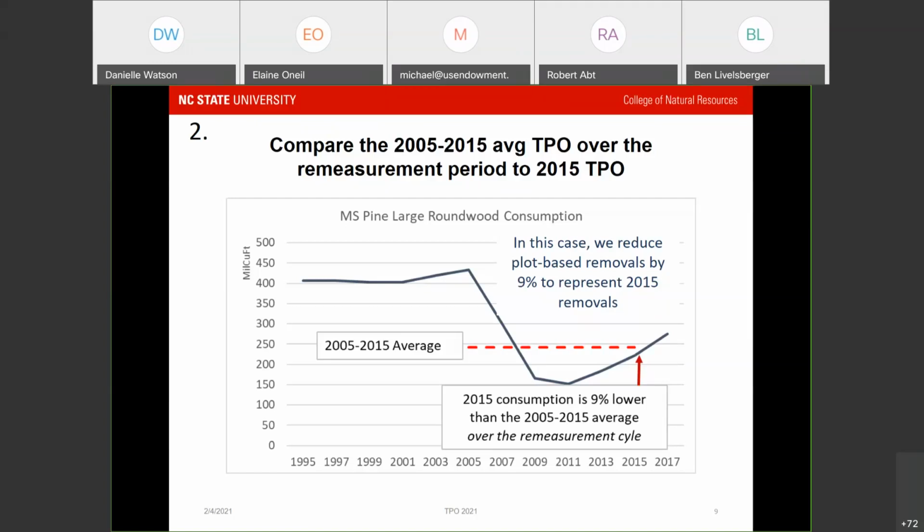So in this case, 2015 consumption is 9% lower than the 2005 to 2015 average. So we're trying to use TPO as, we can measure removals over the whole remeasurement period, but what we need to do is calibrate that up to a standard year. So that's the idea that we're trying to implement.